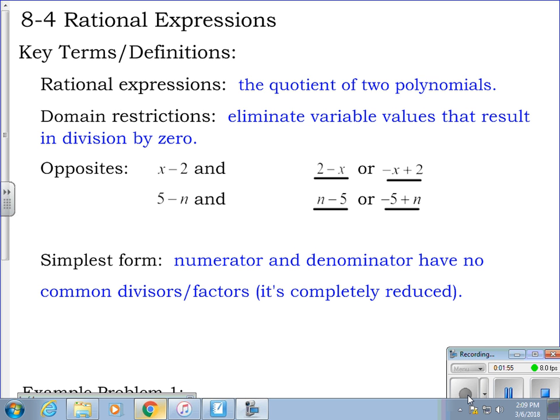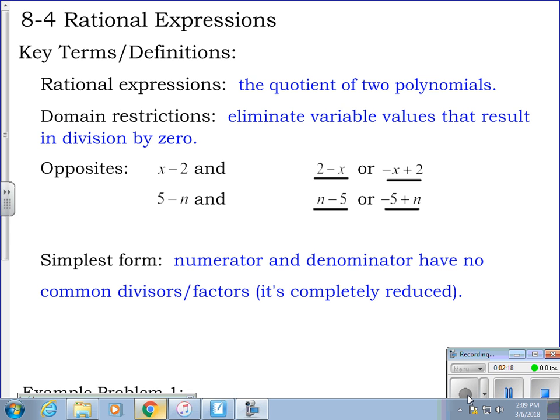The opposite of 5 minus n is n minus 5, or negative 5 plus n. Change the signs. We're going to look for those opposites when we reduce our fractions. Most of today is about finding the simplest form, which is reducing a fraction. Excuse me. So pretty much today is all about reducing fractions.